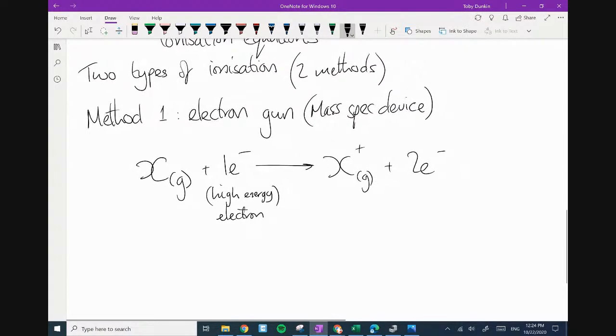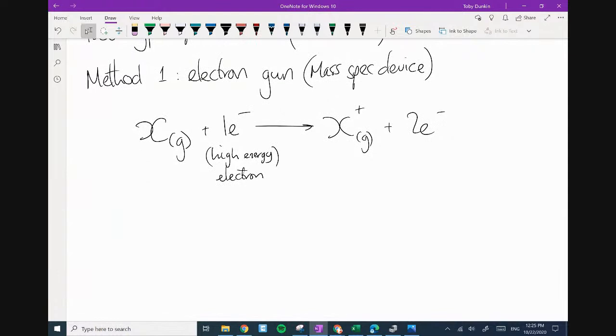So this is method of ionization number 1. If you use an electron gun, it's quite difficult to remove another electron, because once it becomes positive, the electrons hunker down. They're attracted to the nucleus more, so it gets harder to remove.